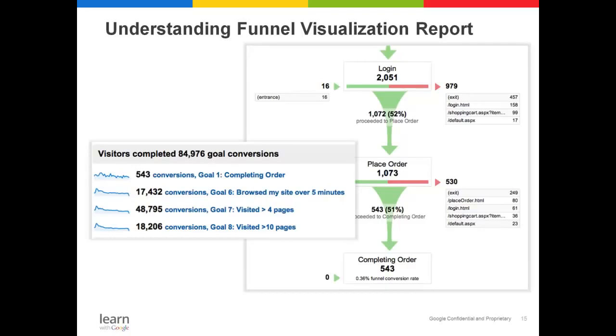For each step of the funnel, you're able to view the number and percentage of visitors entering the funnel, exiting the funnel, and proceeding to the next step of the funnel. Ultimately, you're provided with a total number of visitors making it through the entire conversion process. This allows you to easily identify which steps in your funnel are leading to the highest percentage of visitor drop-offs and, as mentioned earlier, work to optimize the conversion process for your website.